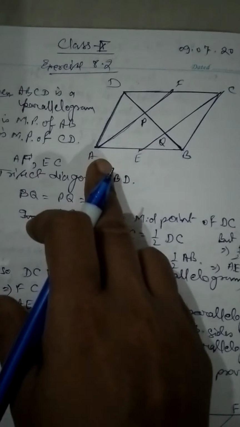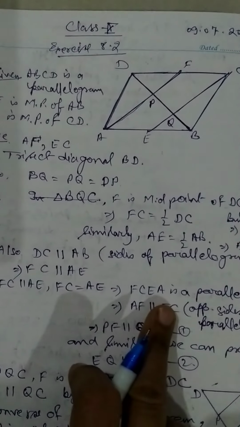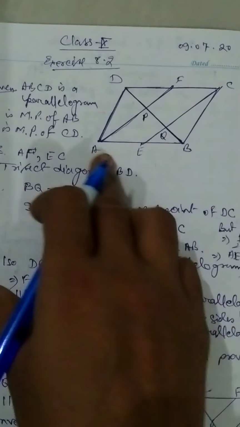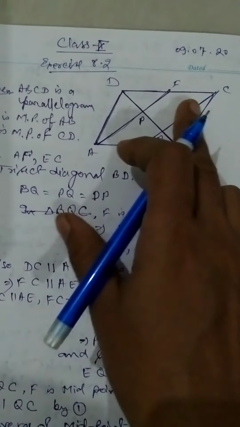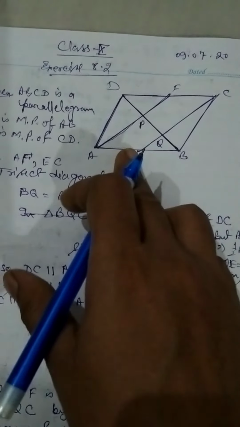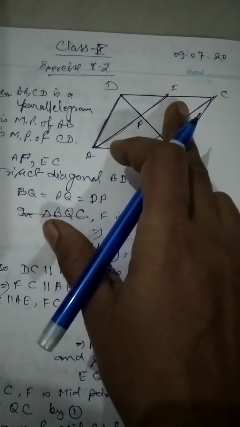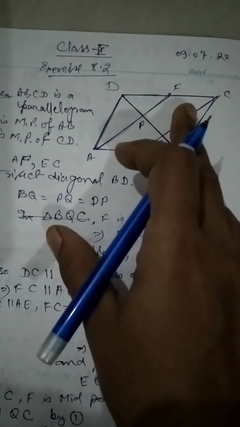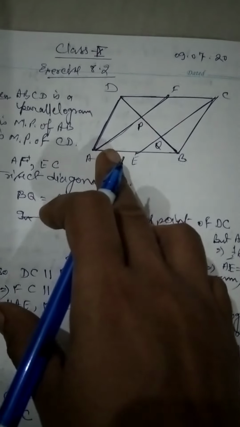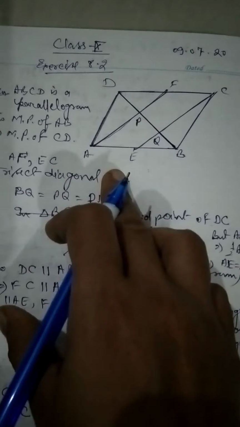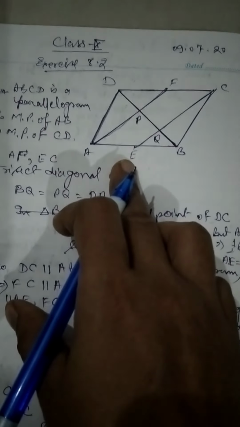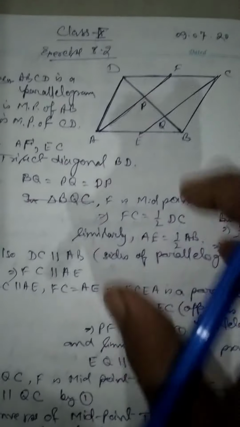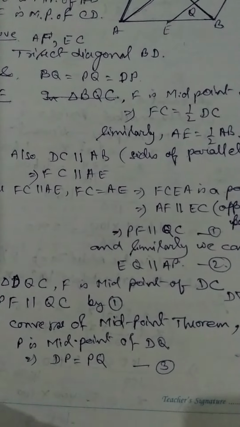Now you have to note all these. Now come to AECF. It is a quadrilateral in which one pair of opposite sides are not only parallel but equal. That's why AECF is a parallelogram. Now after proving that AECF is a parallelogram, you can proceed that EC is parallel to AF.